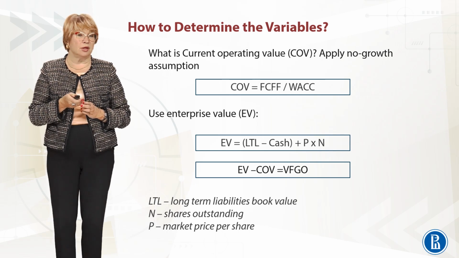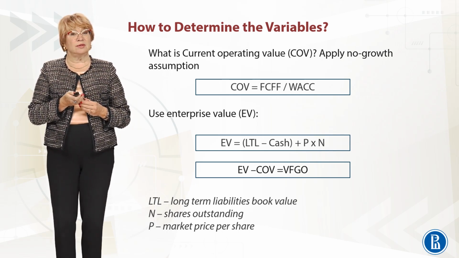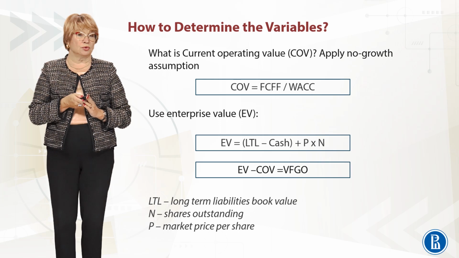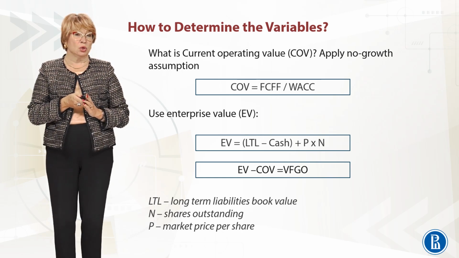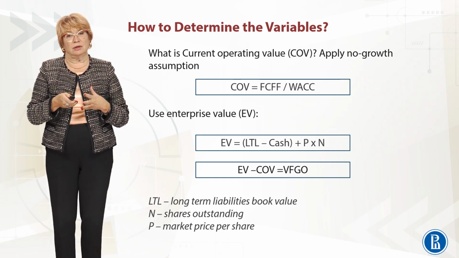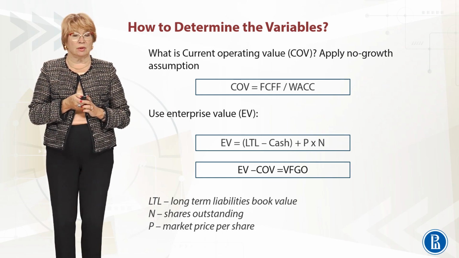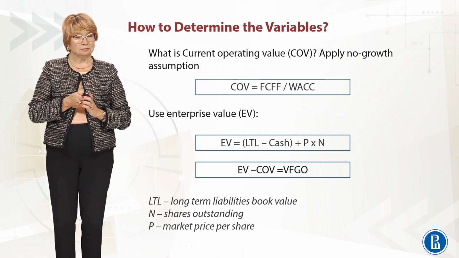If we apply the free cash flow to the firm, then with the assumption of no growth, we should capitalize the free cash flow to the firm by the overall cost of capital, which is, of course, the weighted average cost of capital. So FCFF divided by WACC will give us the value that is generated by these free cash flows when the company is not pursuing growth and the growth rate is really zero.